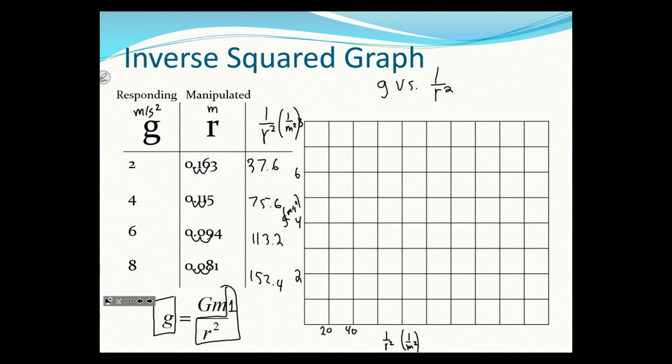So 20, 40, 60, 80, 100, 120, 140, 160, and that's good enough. Okay, so 2 is at 37, 4 is at 75, 6 is at 113, and 8 is at 152.